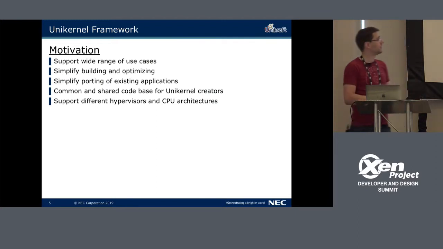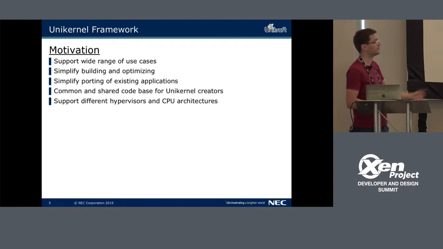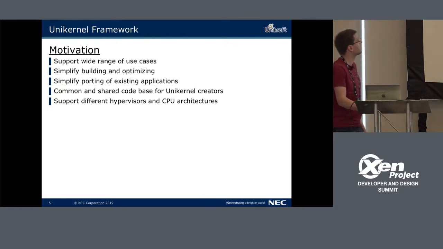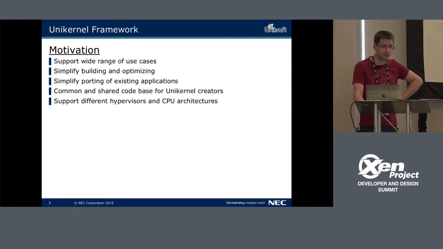We started with the Unikraft project because the unikernel projects that were out there were still hard to use or were kind of limited to specific use cases. So we wanted to have something that supports a really wide range of use cases and is feasible for almost all unikernel projects that you have. Another motivation for us was that we wanted to simplify the building process and optimizing process.